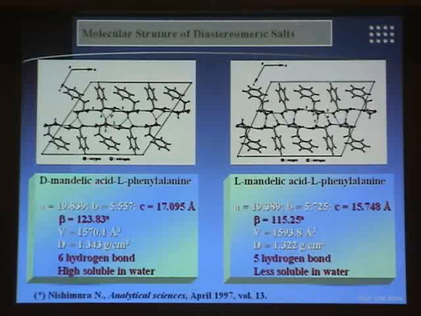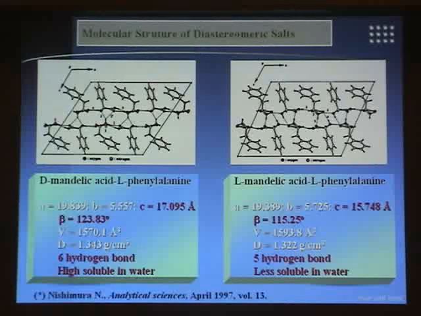So for the D-mandelic acid L-phenylalanine diastereomer, the molecular packing, I think, is looser than L-mandelic acid L-phenylalanine. So L-mandelic acid L-phenylalanine has lower solubility in solution, so it will crystallize out in chiral resolution.